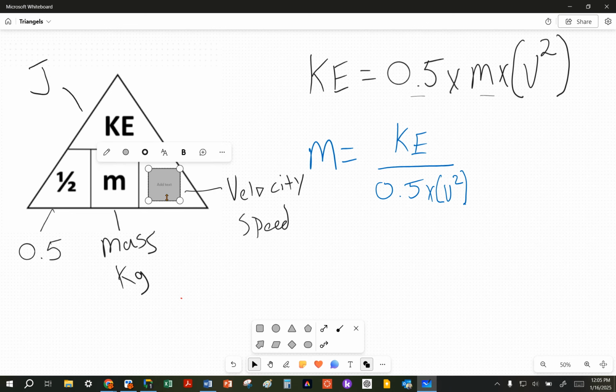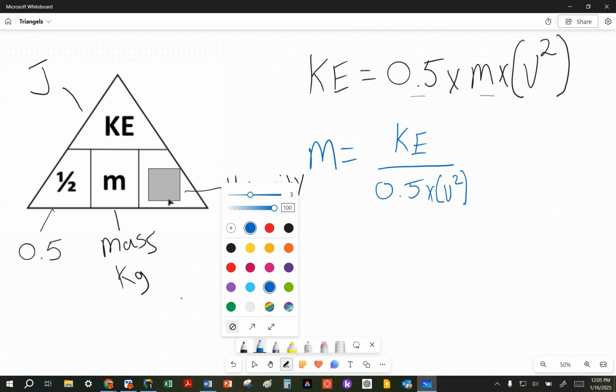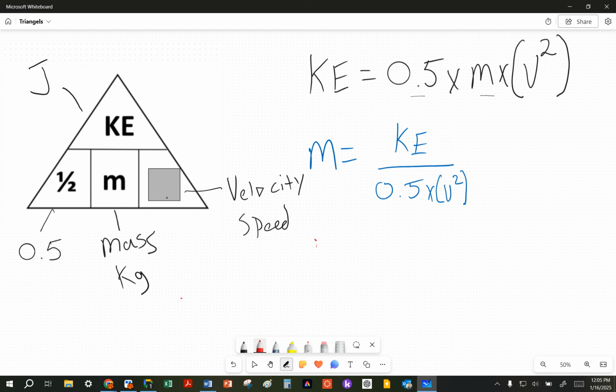So let me try this again. So the speed or the velocity is equal to the kinetic energy divided by 0.5 times the mass.